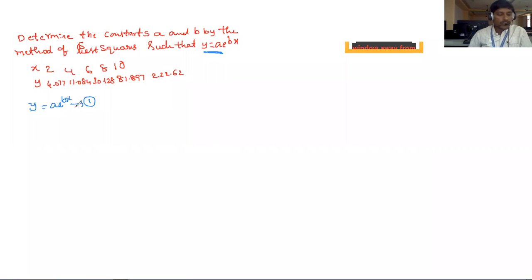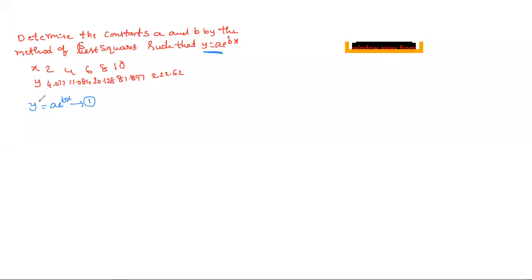And you need to write what we wrote there: first taking ln on both sides, the entire part you should write. Then we have to calculate the values of a and b. So those values we have to write.